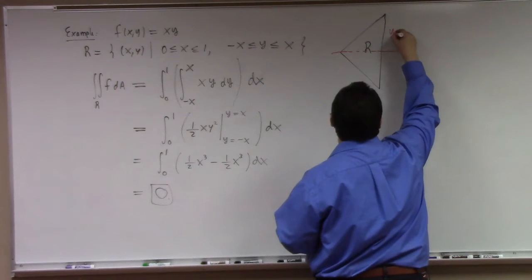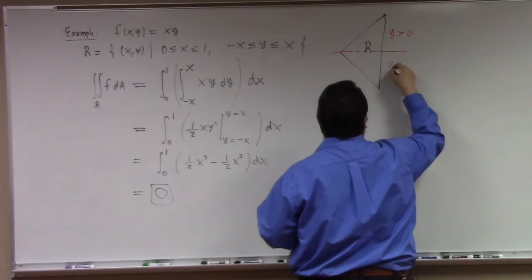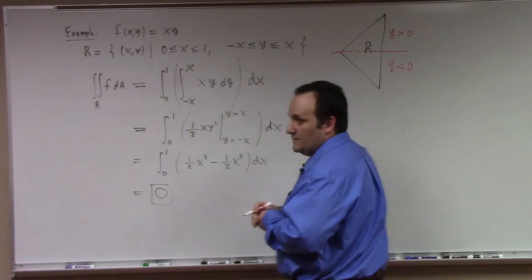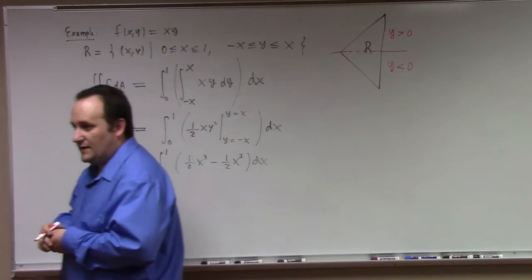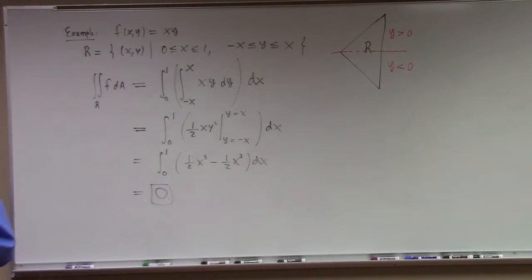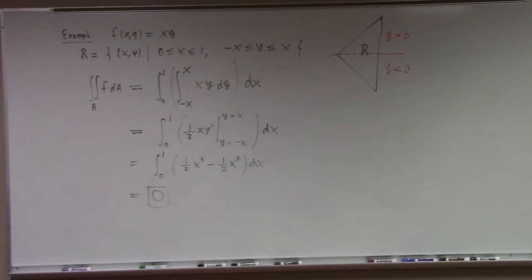Up here, you've got y greater than 0. Down here, you've got y less than 0. Those regions are symmetrically situated. X is the same for both of them, right? And the thing we're integrating is also symmetric, and it makes sense that the integration should work out to 0 because the top half should give a positive answer and the lower half should give a negative answer, right? And they should cancel out, basically.